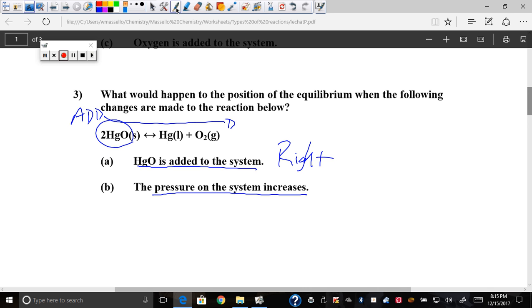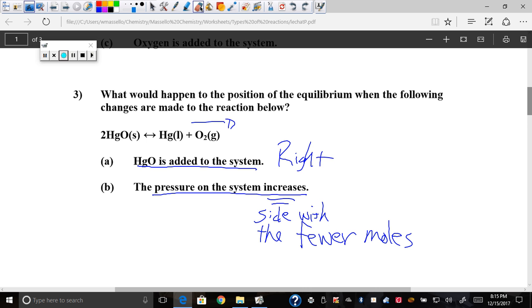So if you increase the pressure, it goes to the side with the fewer moles, because there's more space over there. Okay? It's like trying to jam people into a classroom. They're going to naturally go where they can get space. It's like trying to crowd people into a box or a subway car. They're going to naturally find space. So where is there more space?